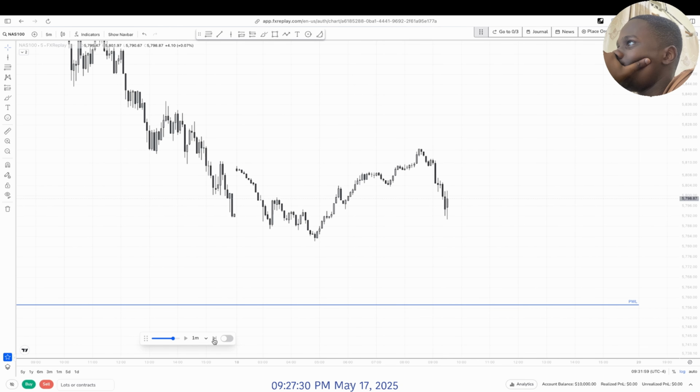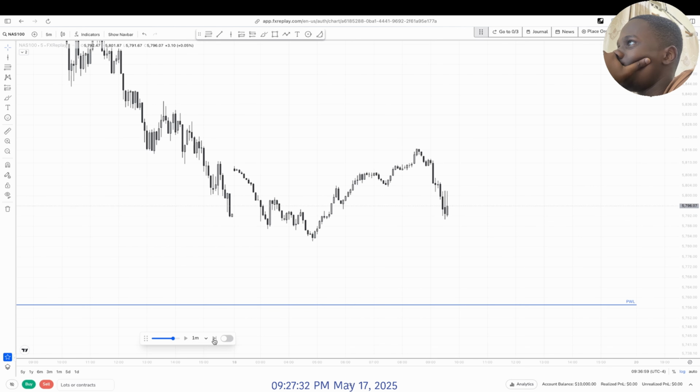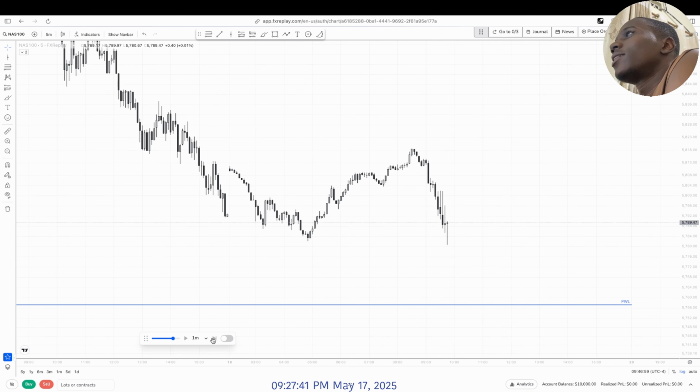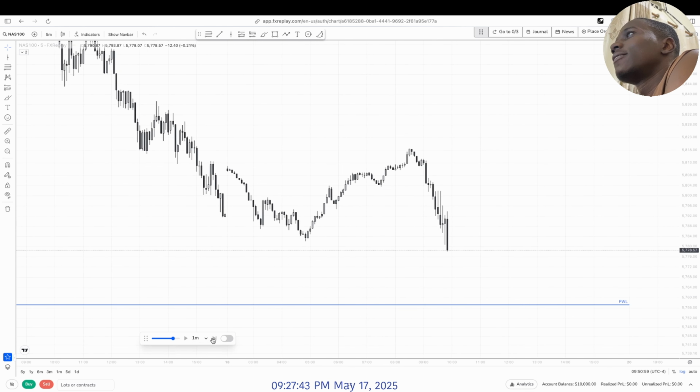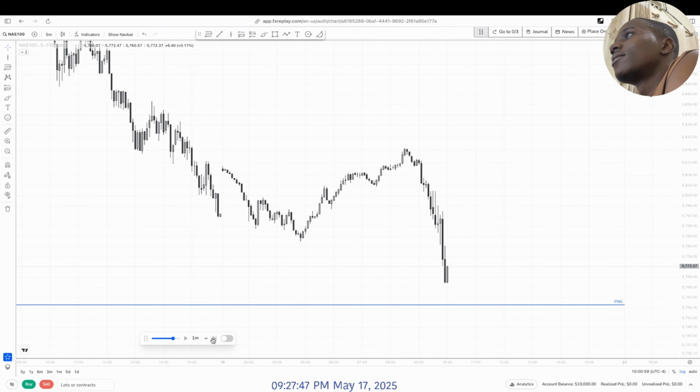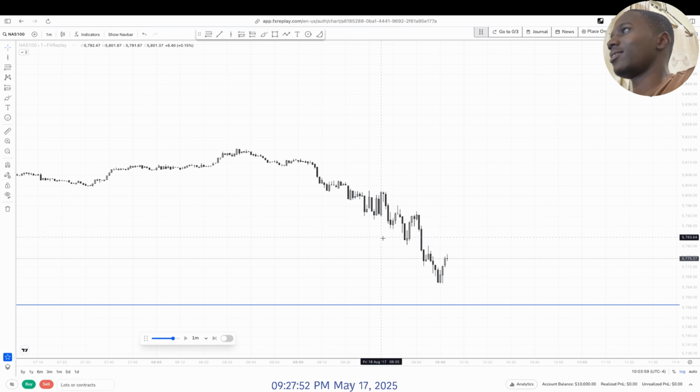First presented fair value gap. Where are you? Maybe it might be retesting this one from London. Let's see what it does. It's creating crazy wicks, man. Crazy wicks. And on the 1 minute, it created the fair value gap right here.